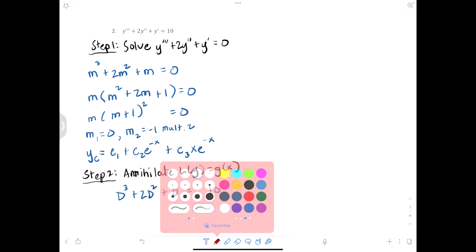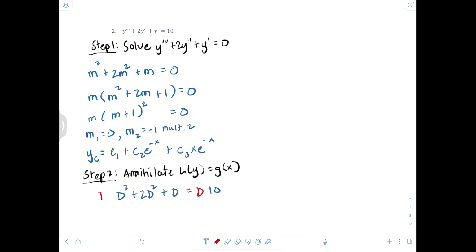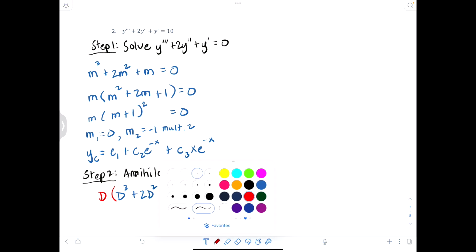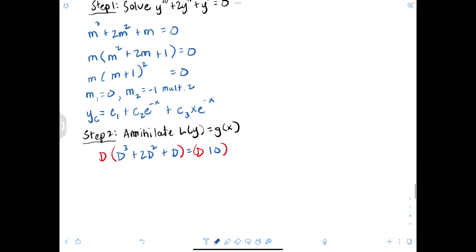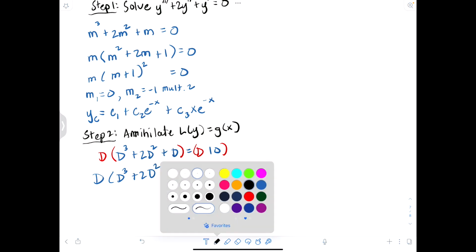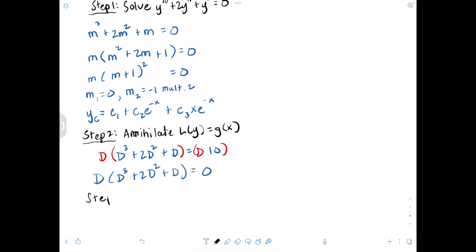And then the annihilator is D. So we will have all of that left-hand side equal to 0. And then step 3. Remember that we now want to find the general solution of the homogeneous equation.